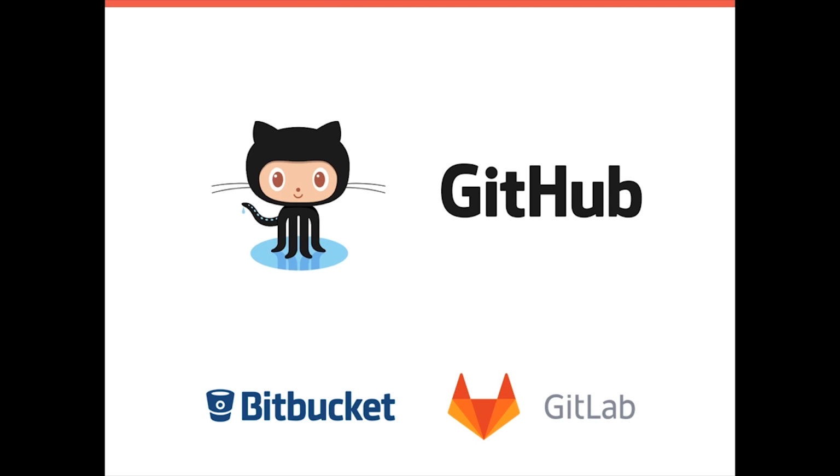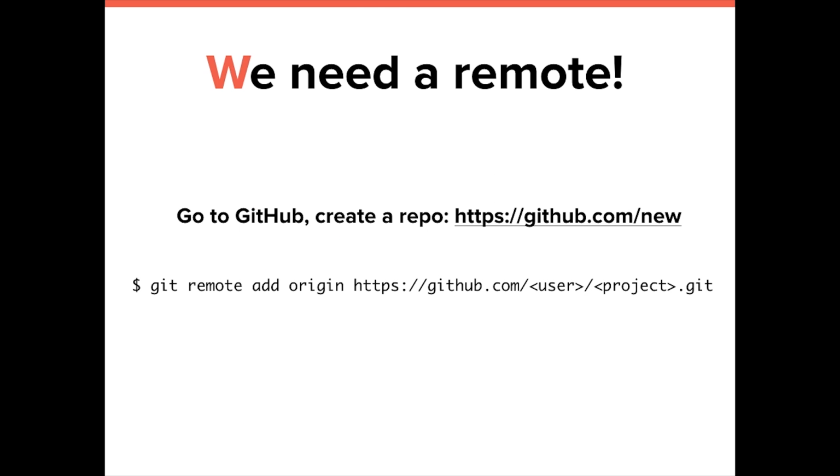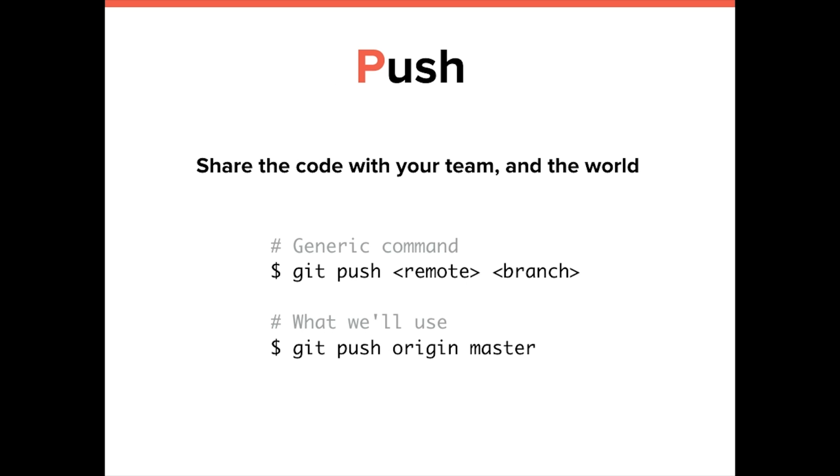Okay? What's nice is once the code is on GitHub, your team can get it. So you see there is like this movement forward and backward of code, and in Git terminology, we call that a push or a pull. So when you push your code, you're pushing your commits.